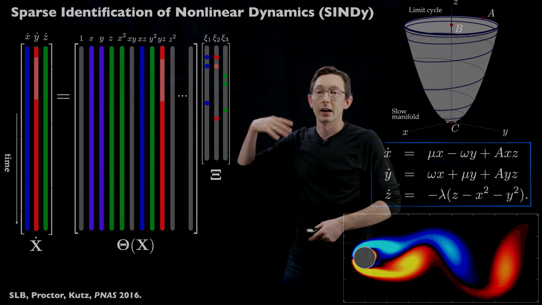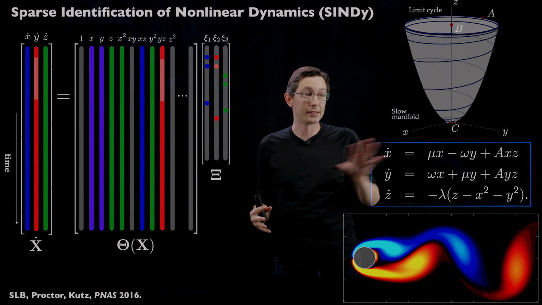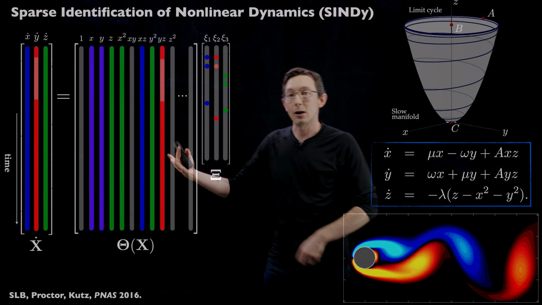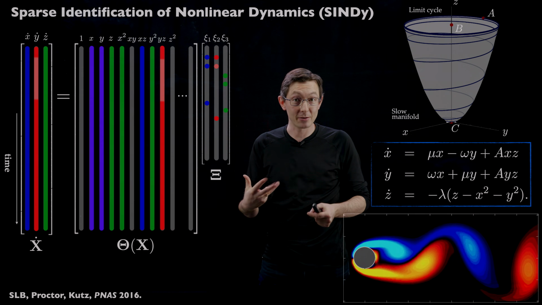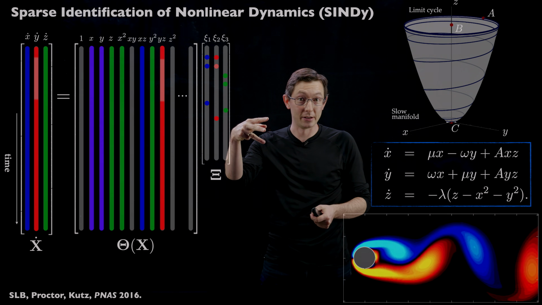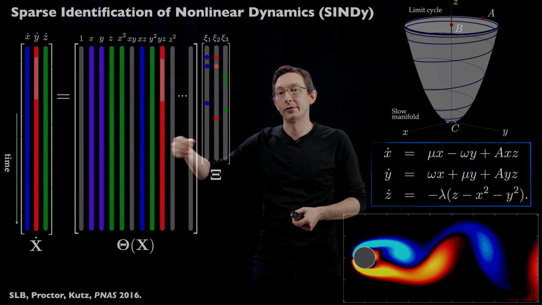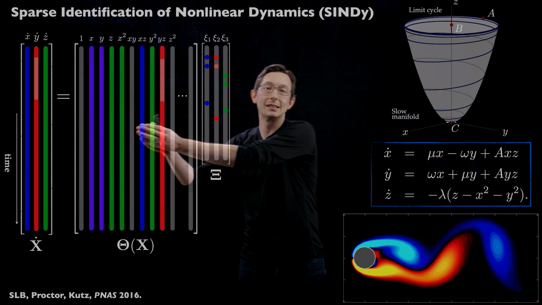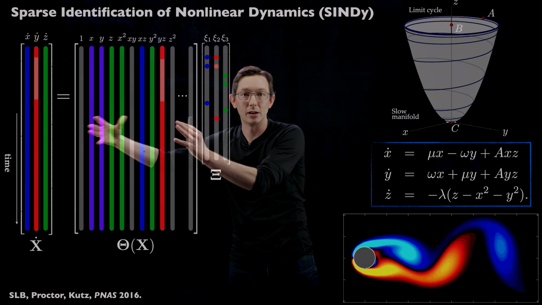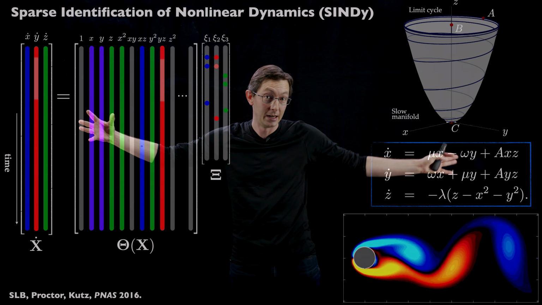So instead of writing down how the Navier-Stokes equation act in those coordinates to derive this model, it's now possible to just collect measurement data. And through collecting measurement data of those x, y, and z coordinates in time, we're able to essentially build nonlinear models for how those derivatives behave, how x dot, y dot, and z dot behave, as a sparse linear combination of candidate terms that could be used to describe the dynamics.